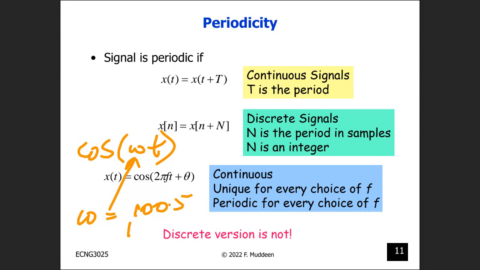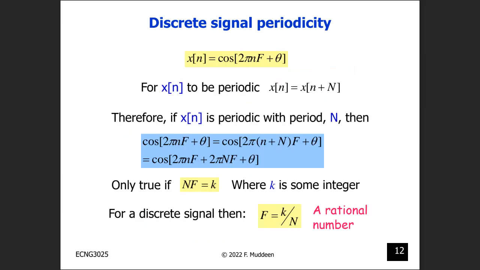Then I can change it to 121.73, and it will still be periodic. In the case of the discrete time signal, the frequency has to vary in a very particular way, in such a way that the period and the frequency are related by a whole number, an integer. Yeah?